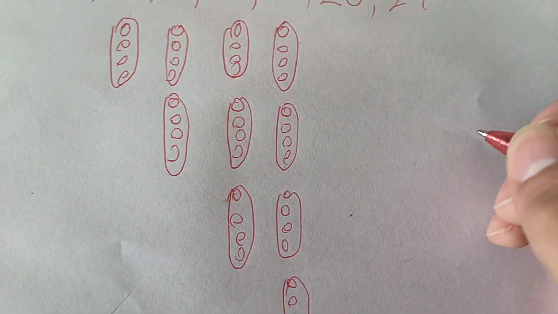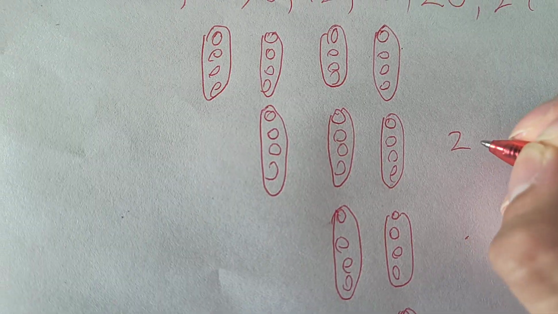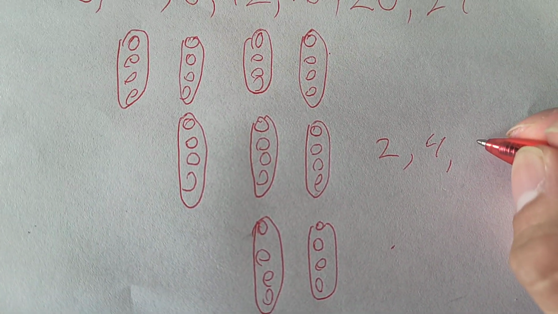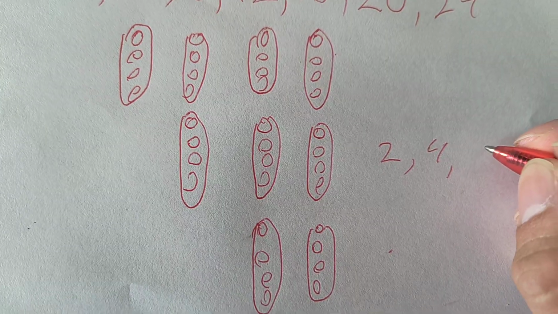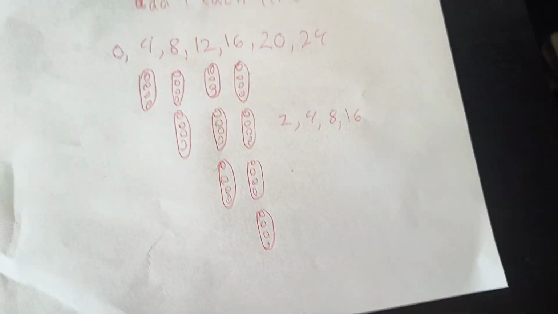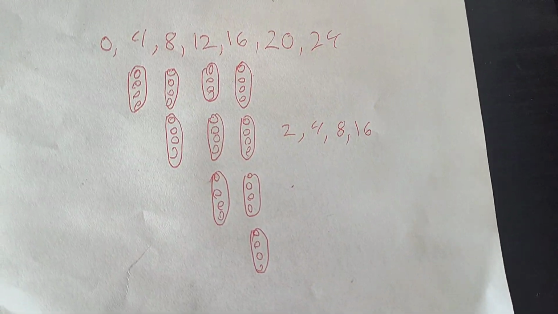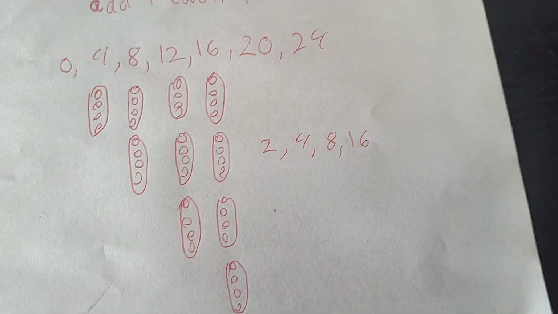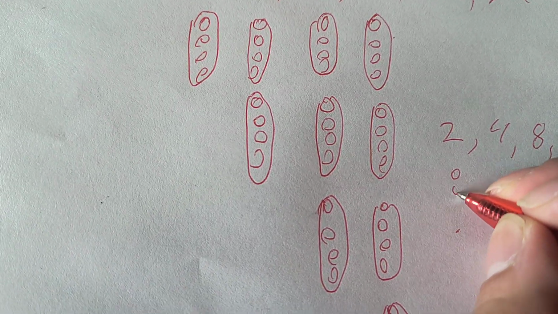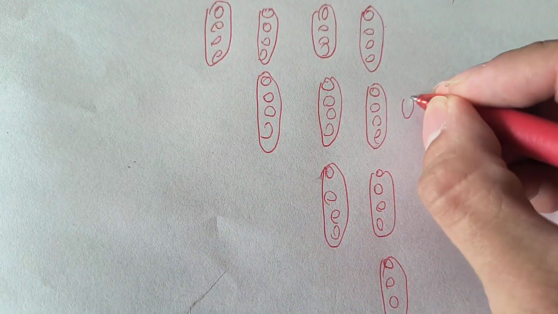Okay? And if I were to give you another pattern, let's say 2, 4, 8, 16. And I were to ask you, what's the rule so we can extend the pattern? Well, you could say, okay, well, we start off with 2. So we added 2 to 0, let's say.